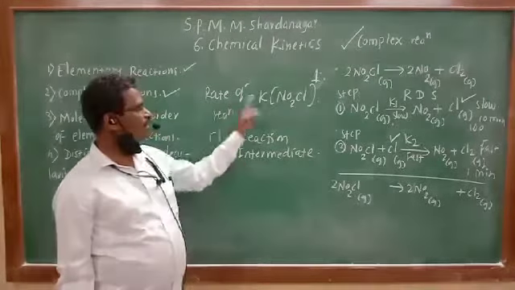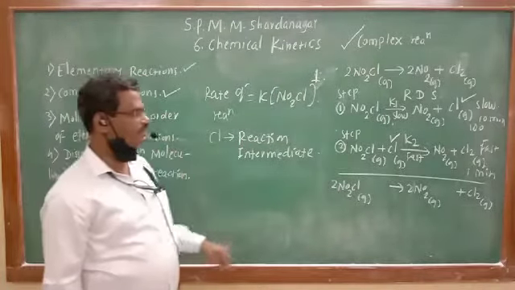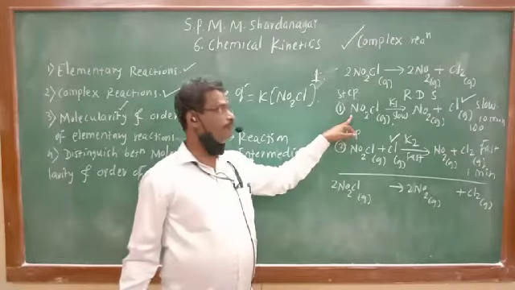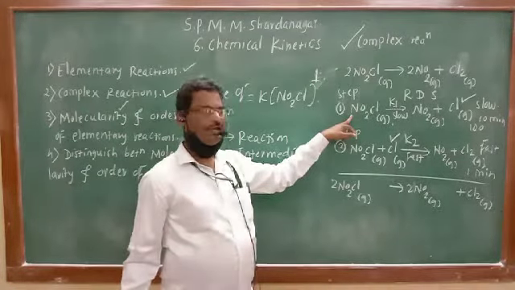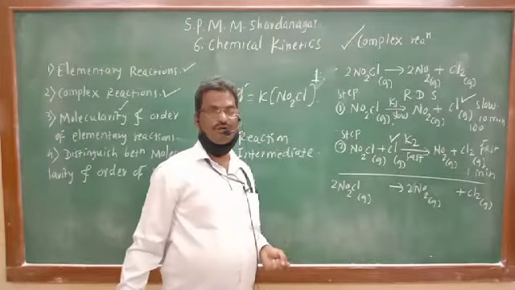And order of reaction is 1 because in the rate determining step only one molecule of NO2Cl is involved, even though in the net reaction 2 molecules are involved.